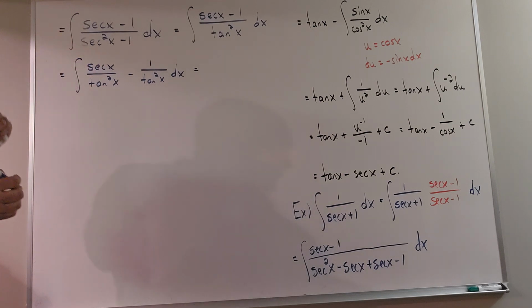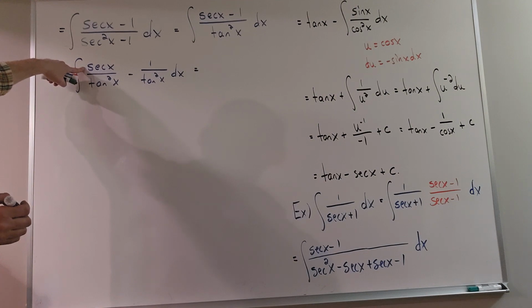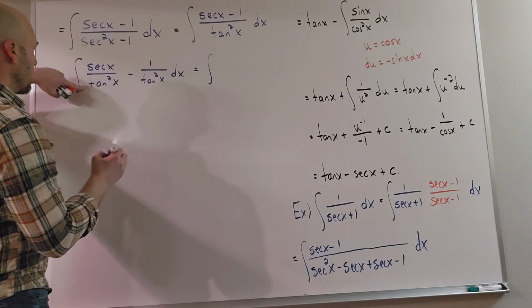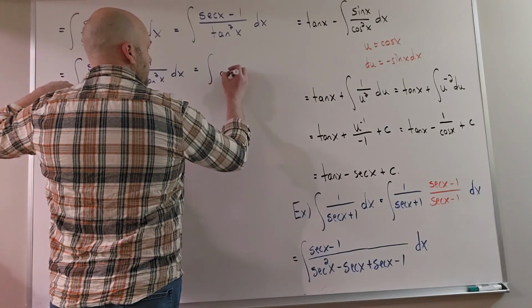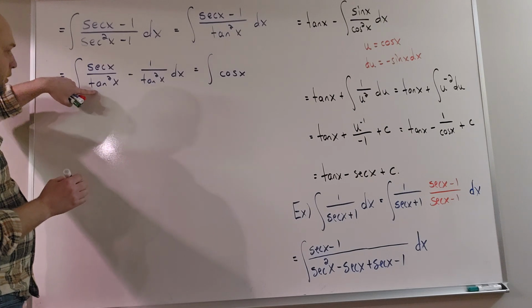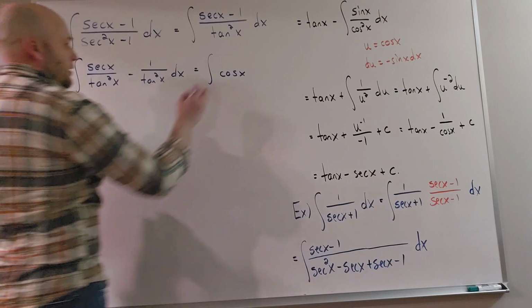So now let's turn everything into sines and cosines. Secant is the reciprocal of the cosine, so the secant will put a cosine in the denominator. Tan squared is sine over cosine, so the reciprocal of that would be cosine squared over sine squared.